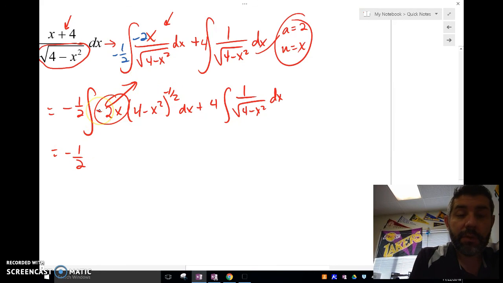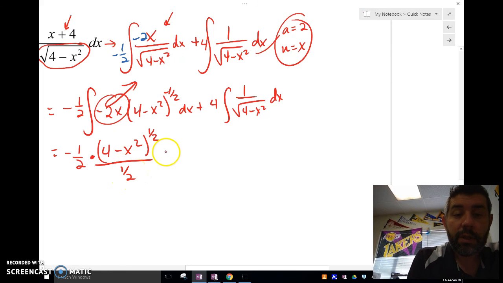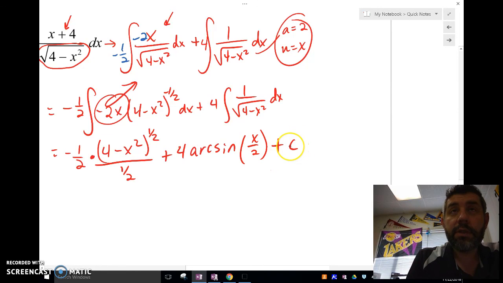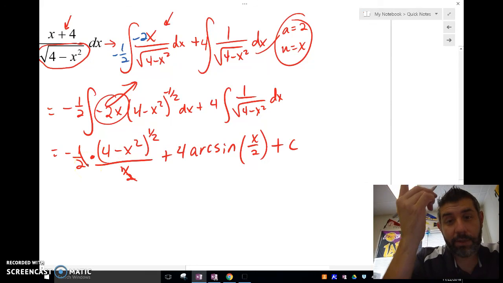We're using a reverse chain rule, so we've got 4 minus x squared to the positive 1/2 divided by 1/2. We're using the power rule. Plus 4 times the arcsine of u over a plus c. All right, the 1/2s cancel out, and look, there's the bell.